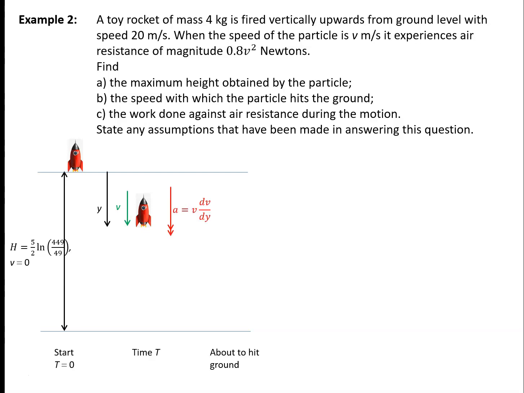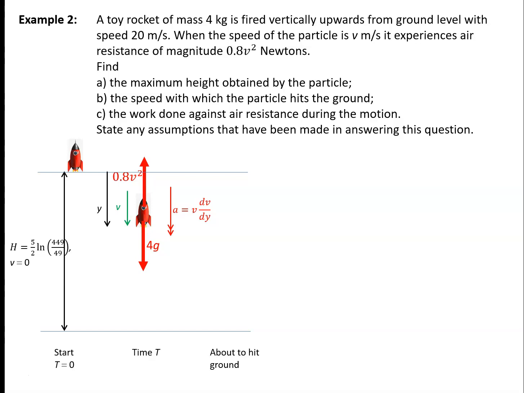Because we're looking at the relationship between speed and displacement, we want to write the acceleration as v dv by dy, rather than a dv by dt type expression. The forces acting on the rocket at this stage are its weight and the air resistance, which is opposing the motion.